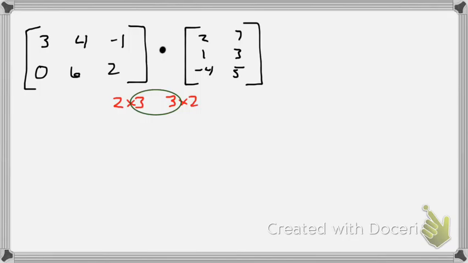We can continue the problem. And what you also learn from the dimensions is that the answer is going to be the outside two numbers. So my answer in this case would be a 2 by 2.